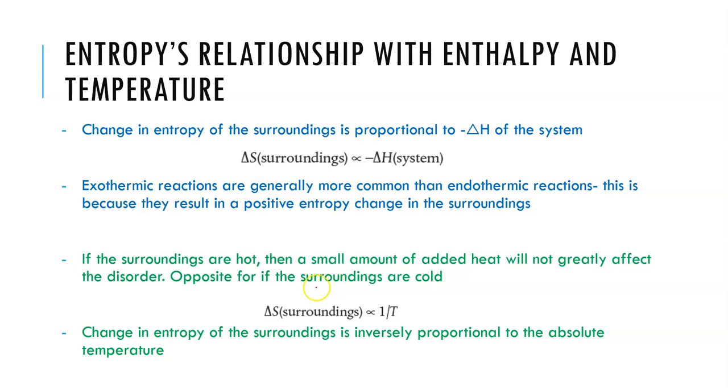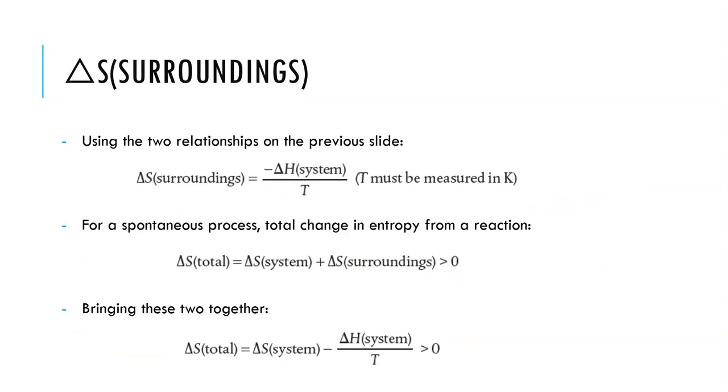Okay, so we will see a greater increase in entropy dependent on which way our temperature change is going. So a change in entropy of the surroundings is inversely proportional to the absolute temperature. What we are doing is deriving a mathematical equation.